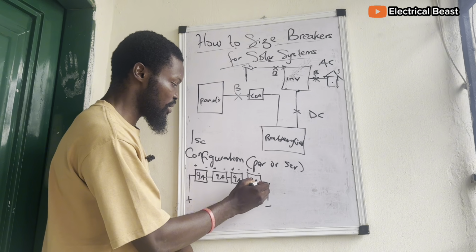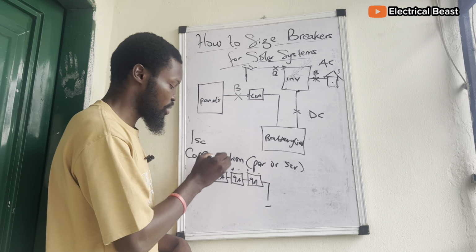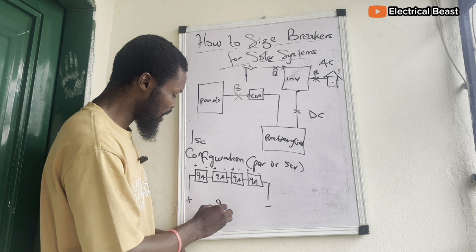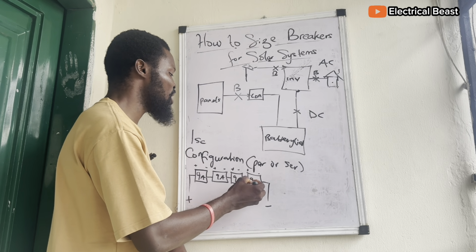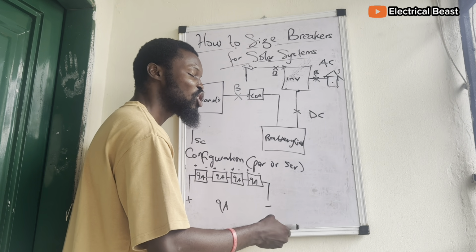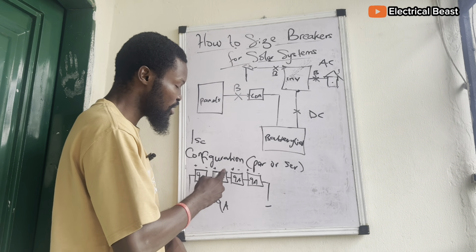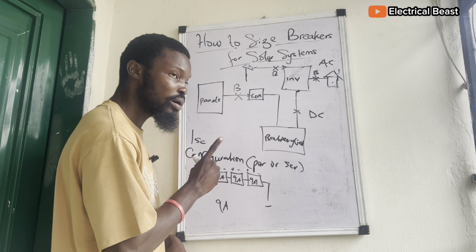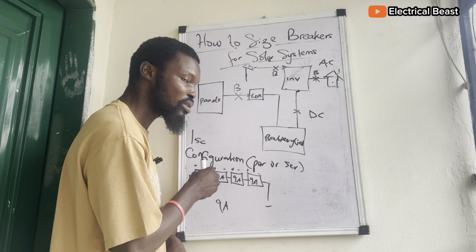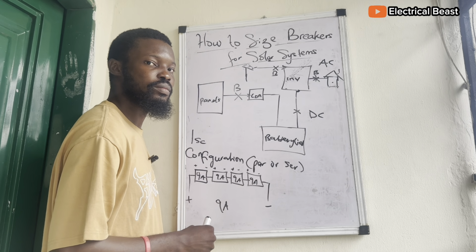Now, each of these panels, short circuit current is 9 amps. So I'm going to put it down as 9 amps. No matter the amount of panels we connect together, whether we connect 10, 12, 13, 14, 15, 16, only the voltage of each of the panels will add up. But current would remain the same across the line.